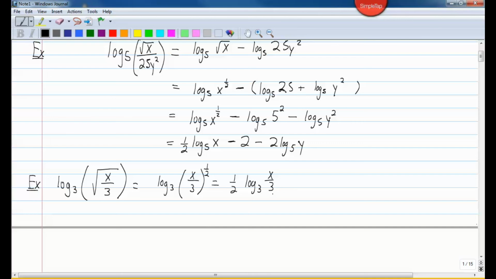Alright, and now that I've moved that power, I can apply the quotient rule. The only thing is, whatever I do after this 1/2, since it's in front, I have to multiply it times everything. So it's going to be 1/2 times log base 3 of x minus log base 3 of 3.